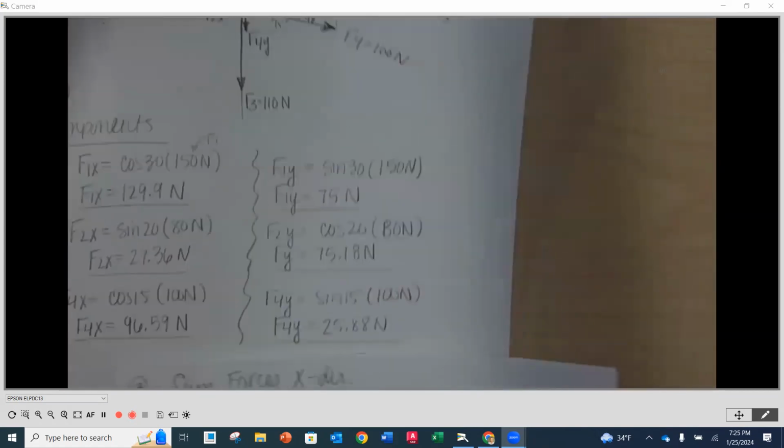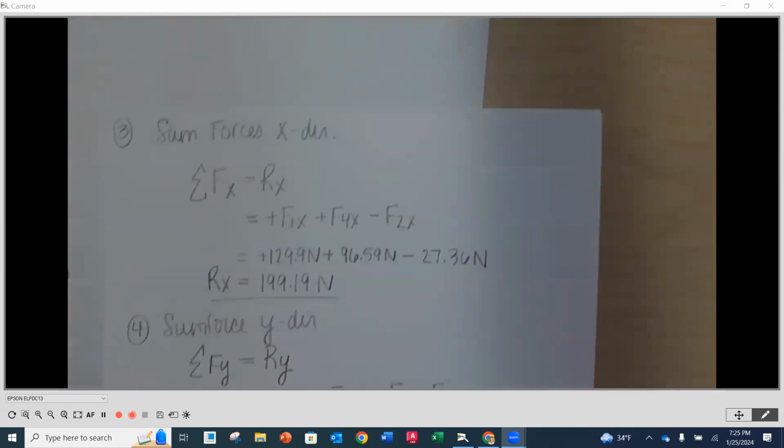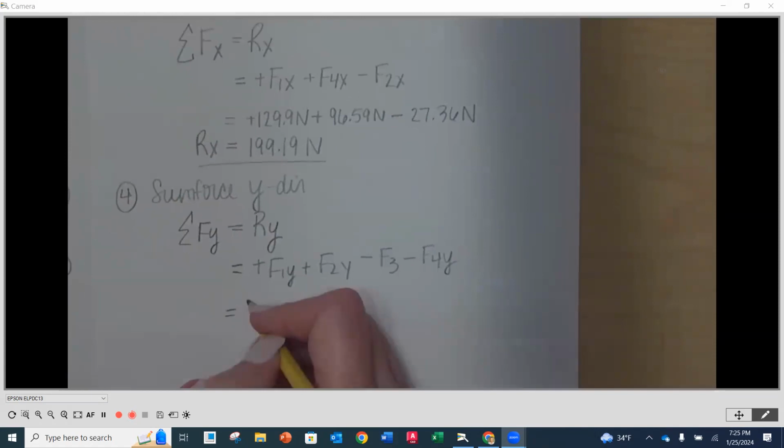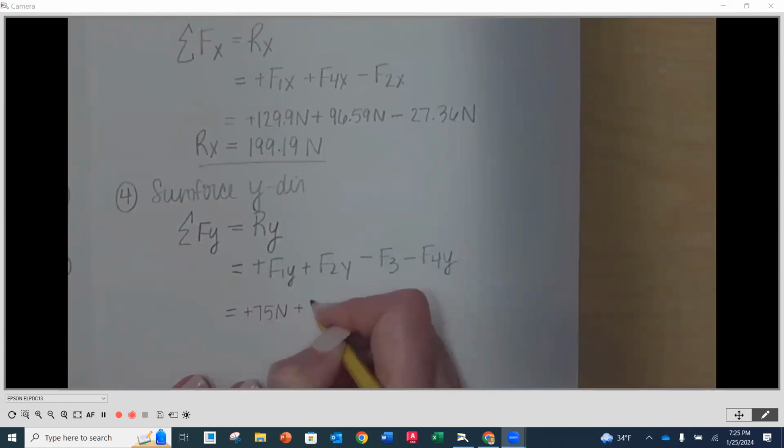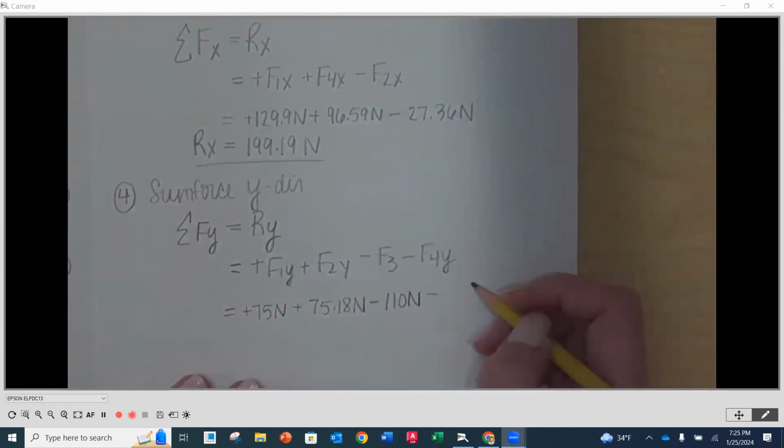So now we're going to go to our Y values here. I've got to kind of go on the side. So I'm going to have a positive 75 newtons, a positive 75.18 newtons, minus 110 newtons for F3, and a minus 25.88 newtons for F4Y.